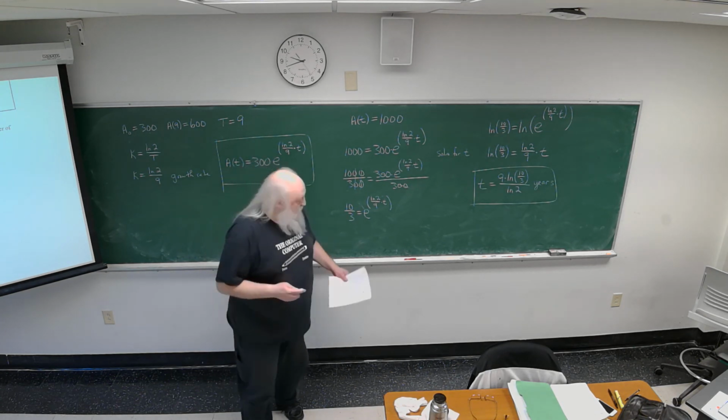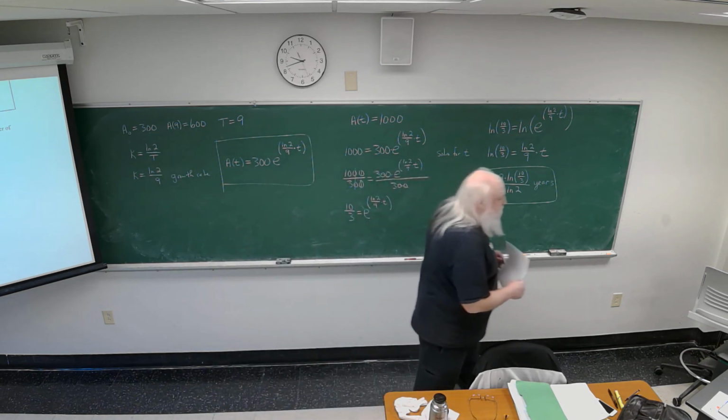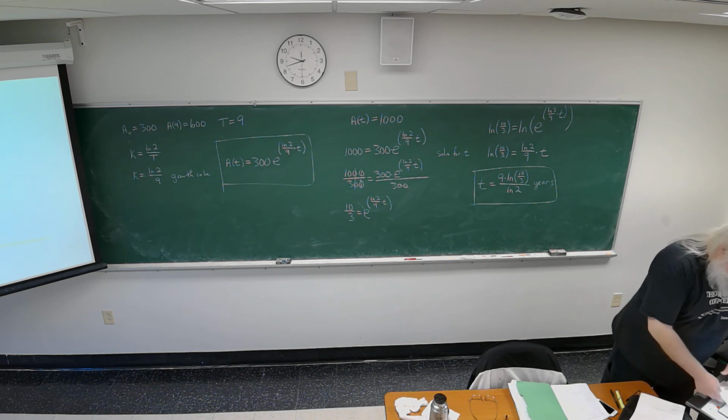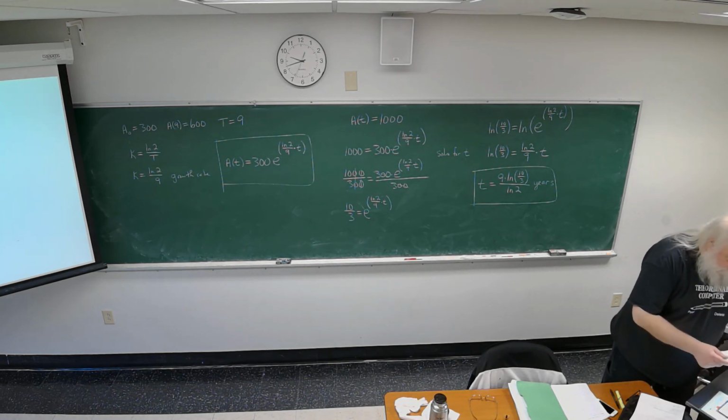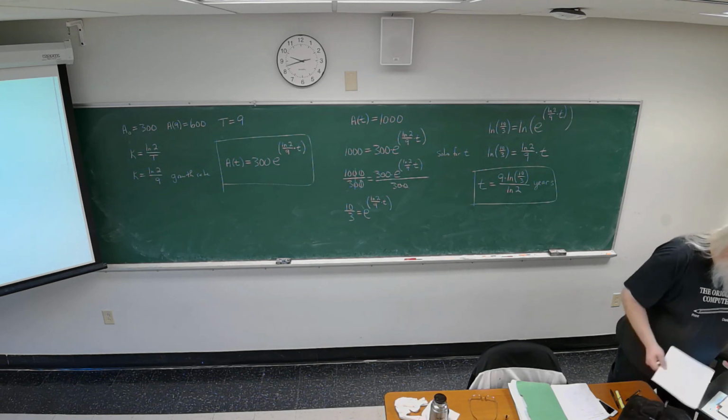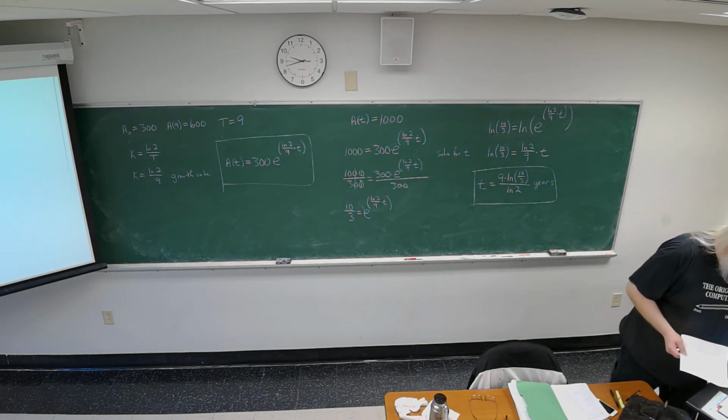Okay. All right, flip over your document. The bacterial population grows exponentially. The initial population is 200 bacteria. After 7 hours, the population has increased to 300 bacteria.